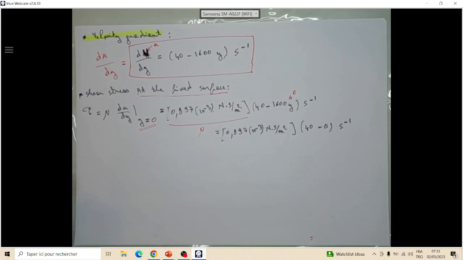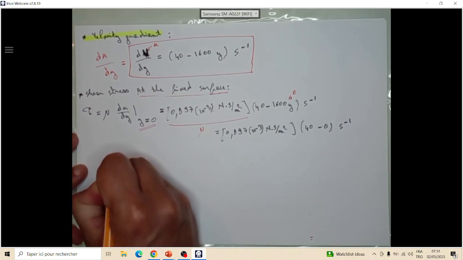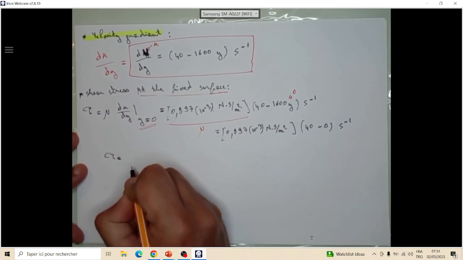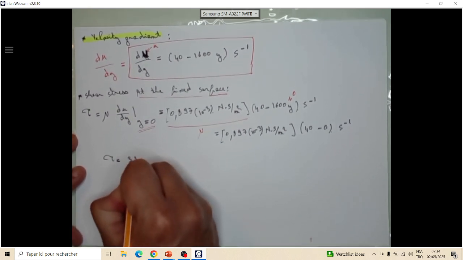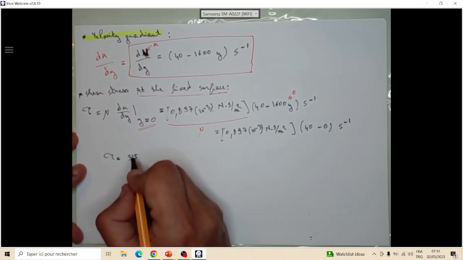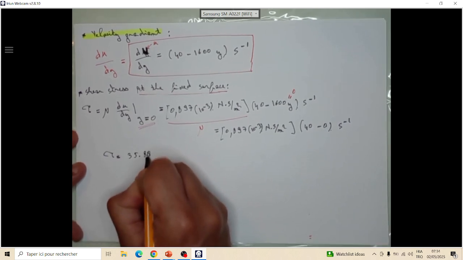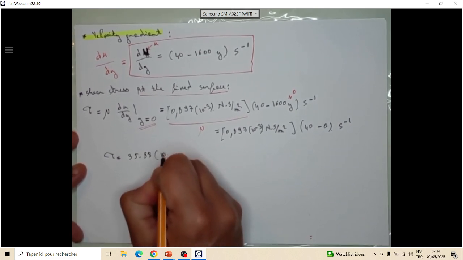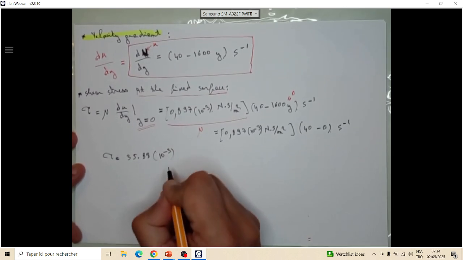At the end, this will give me tau, that we are looking for. Tau is equal to 35.88 times 10 to the power 3.